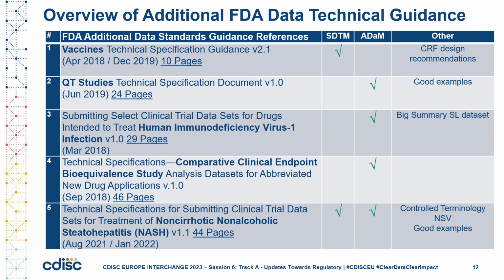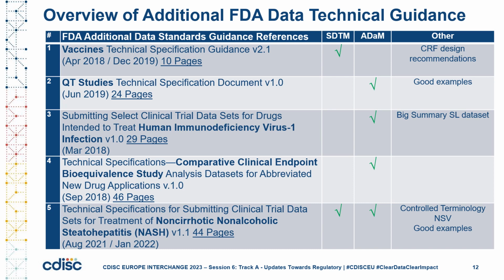For example, the vaccine technical specification guidance focuses only on SDTM. There were some recommendations on CRF design, and the guidance doesn't contain detailed specifications like the other guidance. But it's very detailed in what CBER expects, and in how they expect certain specific mapping topics to be handled by the sponsor.